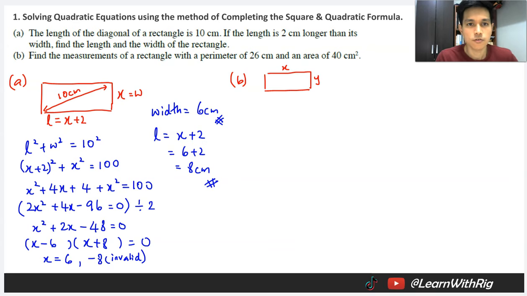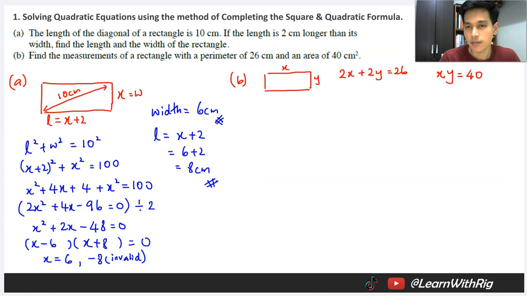So to find, first thing, how do you form a perimeter? Perimeter is 2 times the length plus 2 times the width equals to 26. Next thing, you got the area. So how do you find area? Area is x times y is equal to 40.